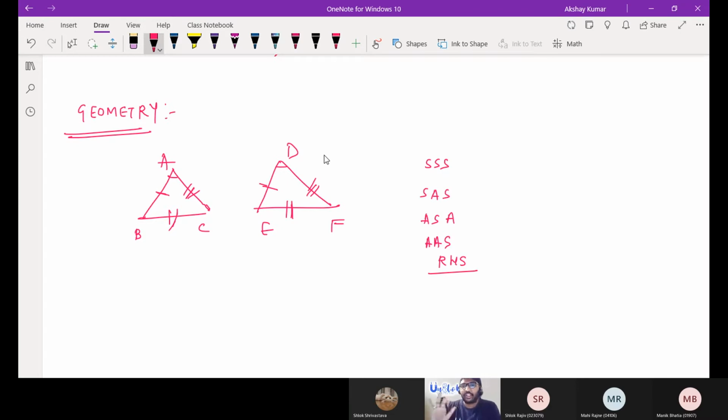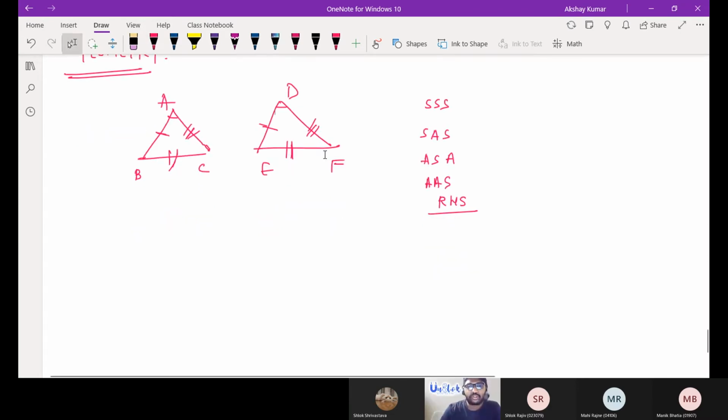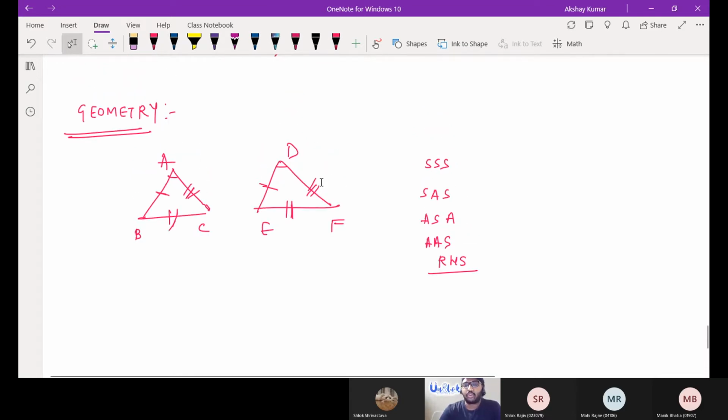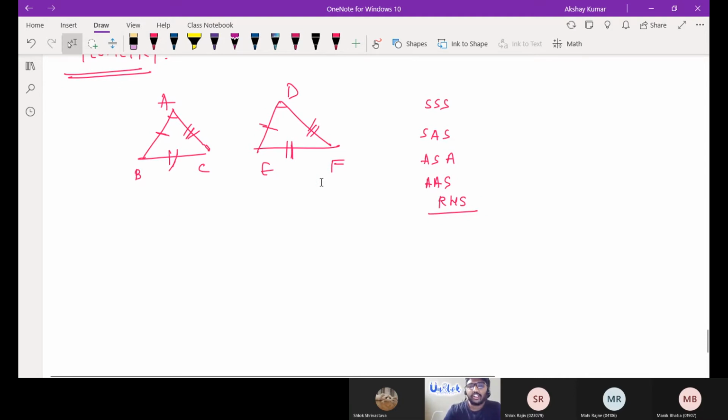Now in similarity, you have already learned how to prove two triangles are congruent. Here you will be learning how to prove two triangles are similar. When do you say two triangles are similar? When they have exactly the same shape, but might not have the same size.